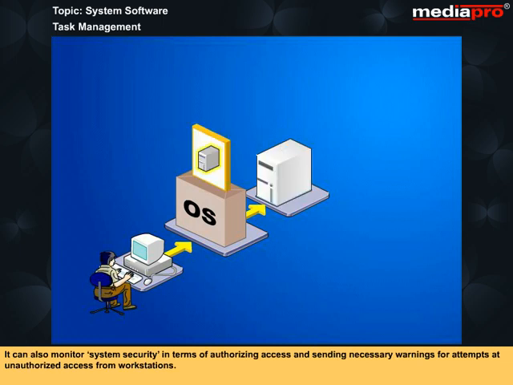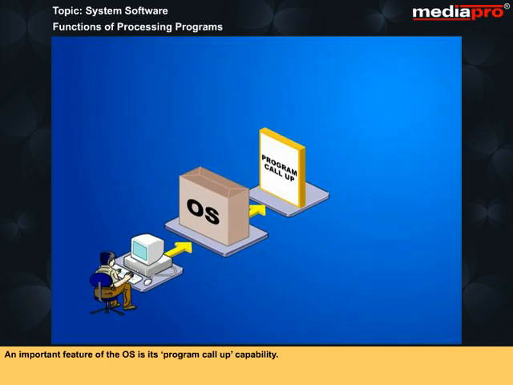It can also monitor system security in terms of authorizing access and sending necessary warnings for attempts at unauthorized access from workstations. An important feature of the OS is its program call-up capability.